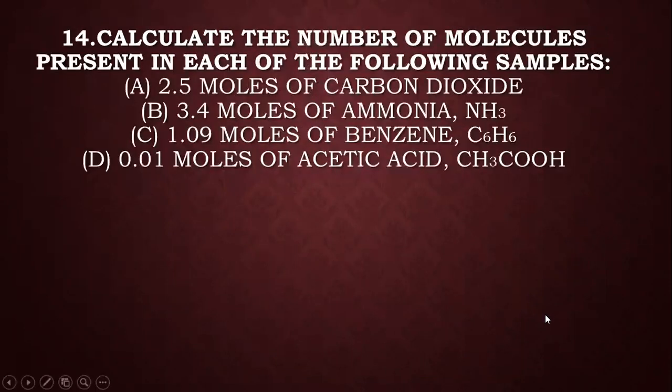Now, in the third case, we have to find the number of molecules present in each of the following cases. As this is the simplest case, we have to write the general formula.